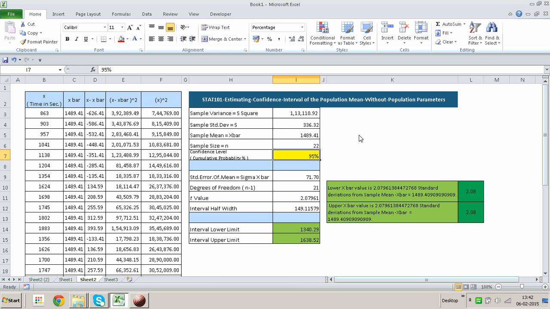So let me just look at, say, 99%. So that is 2.83 standard deviations, and 95 is 2.08 standard deviations. Okay, and let's look at 99.9999. Let's see, that's 6.80 standard deviations. Okay, and it's showing 100% over there because the cell is formatted in that manner. Let me actually go and put 100 over here and see what happens. Wow, great. Okay, perfect.